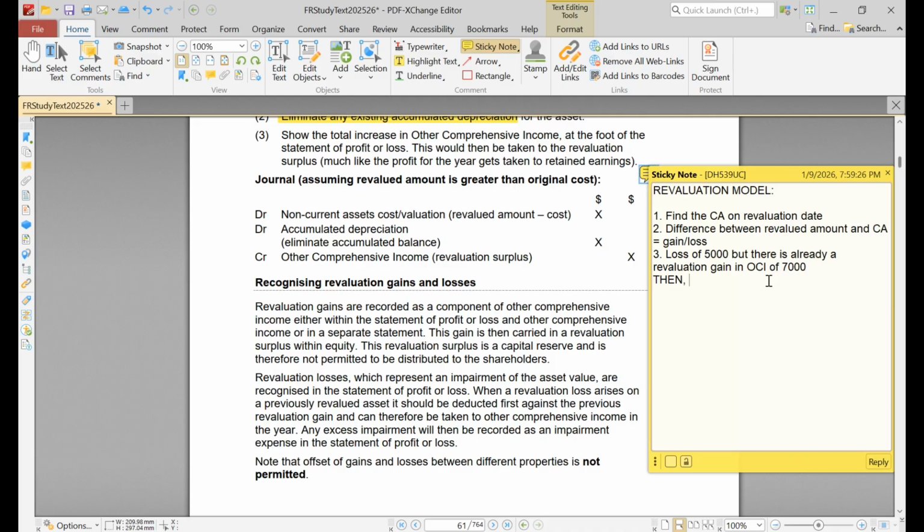That 7,000 gain was already there for the same asset, and you incurred a loss of 5,000 on revaluation. That means the net amount to be recorded in OCI would be just 2,000. So this is important.